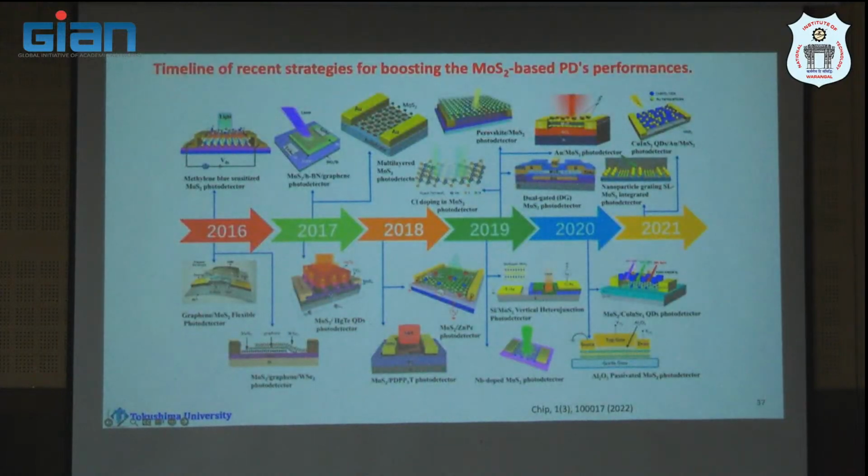There are various materials tested so far for this application from 2016 to 2021. Most of the photo detector, photodiode materials these days are made of two-dimensional material.